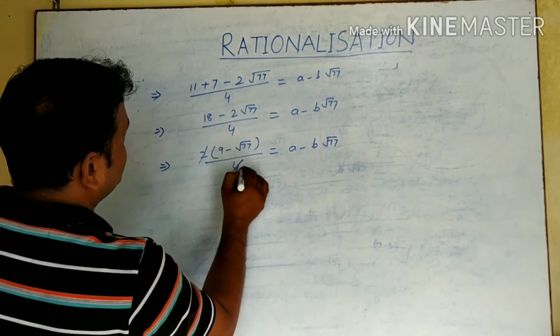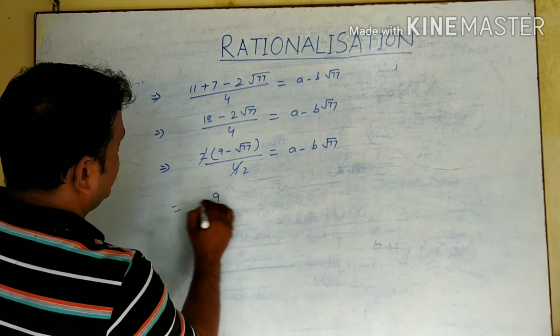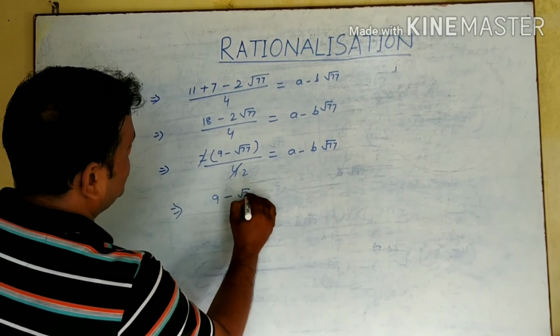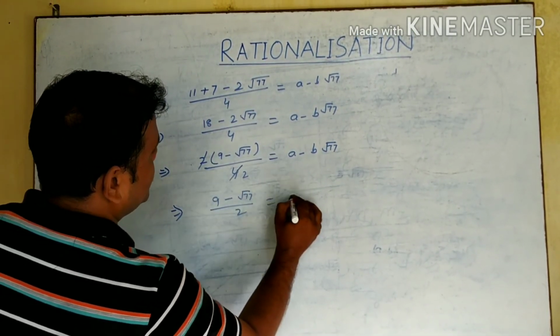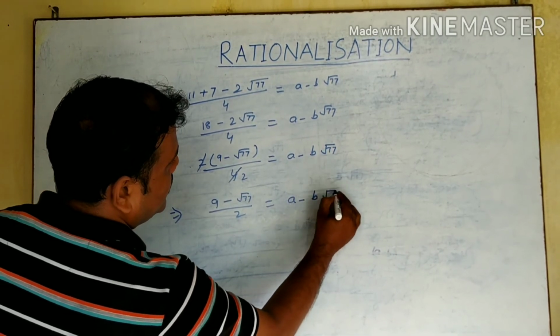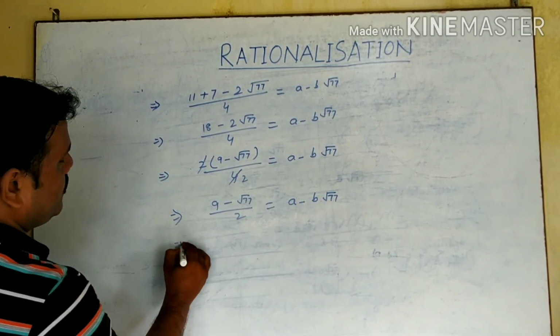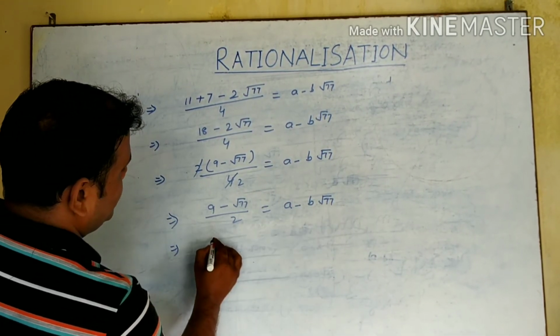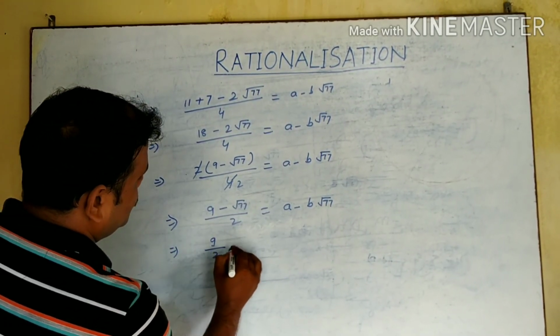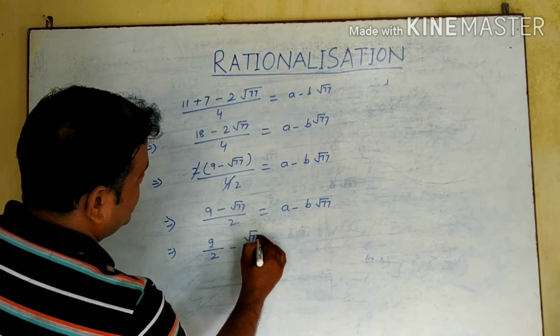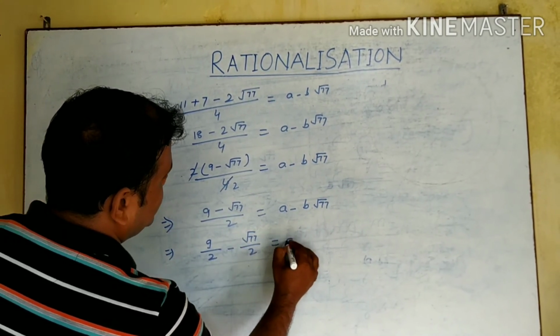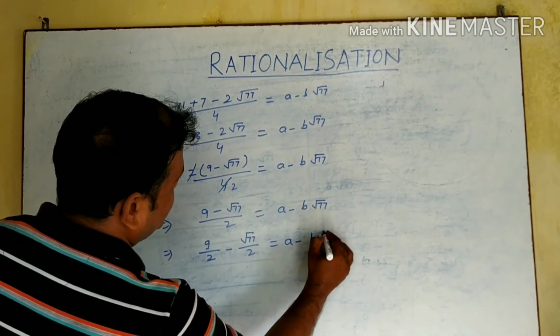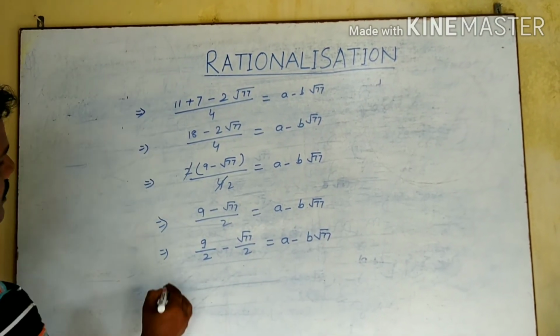You cancel it, it will be 9 minus under root 77 by 2, equal to a minus b under root 77. Now you just change it into this form. So it will be 9 by 2 minus under root 77 by 2, that is equal to a minus b under root 77.